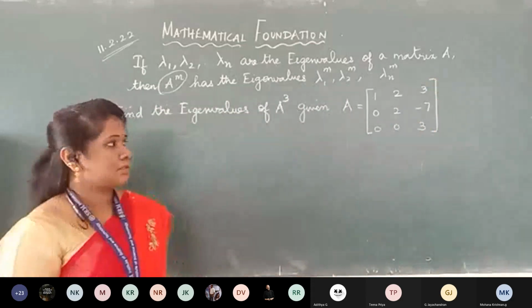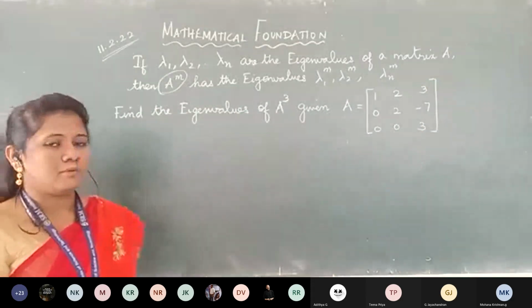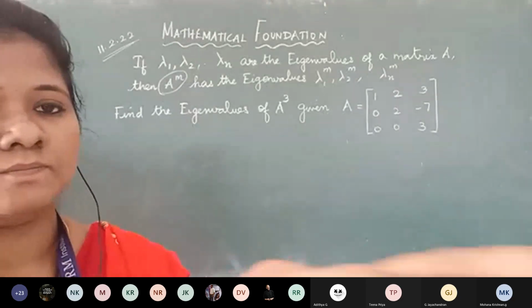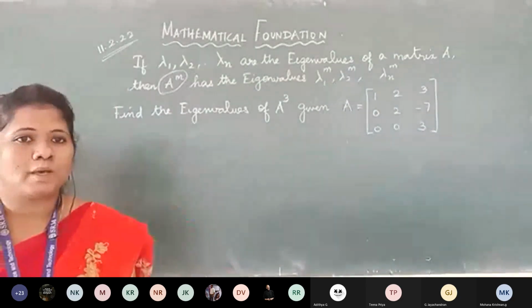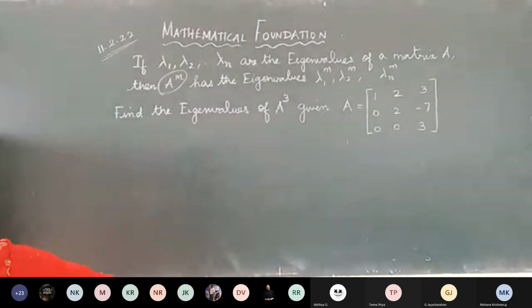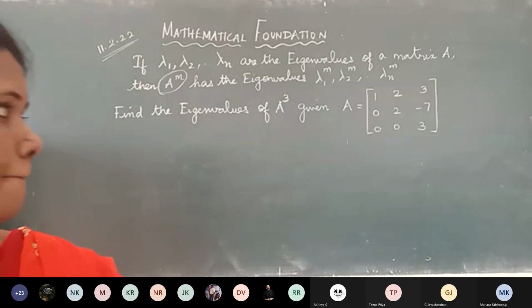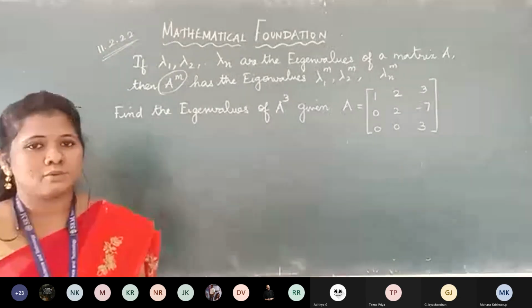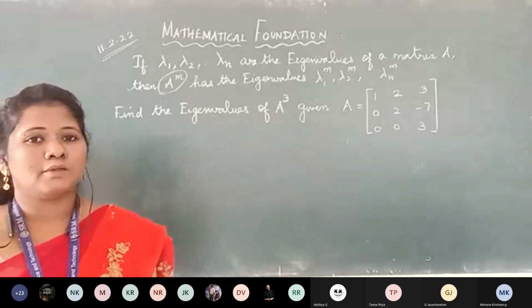Now, first, write it down. First see what matrix this is. Tell me what matrix this is. This is an upper triangular matrix.